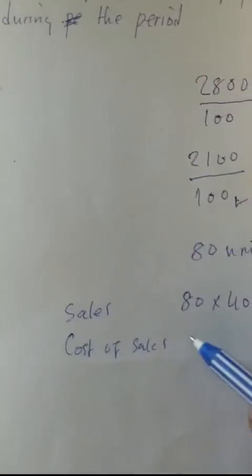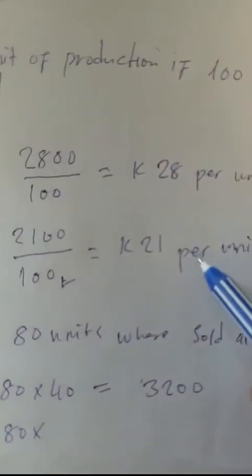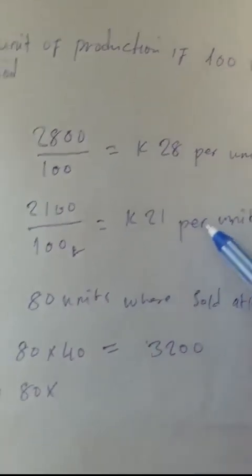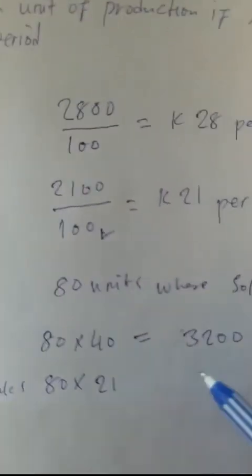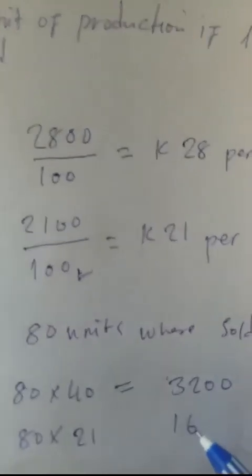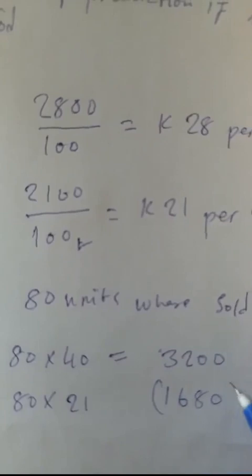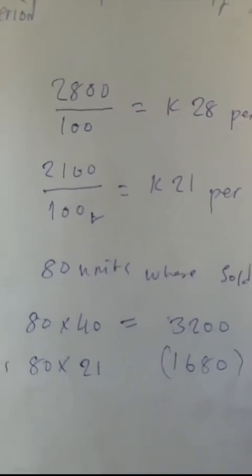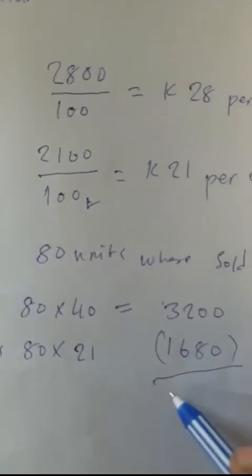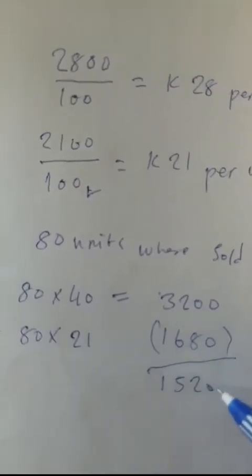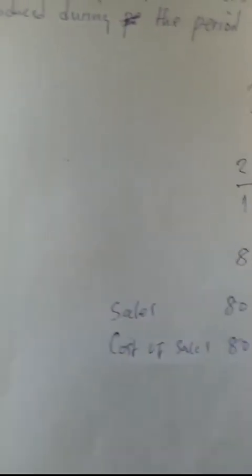Then your cost of sales is going to be 80 units multiplied by 21 per unit of production. 80 by 21 will give us 1,680. Then you subtract the cost of sales from the sales, and you're going to have your gross profit: 1,520 as your gross profit.